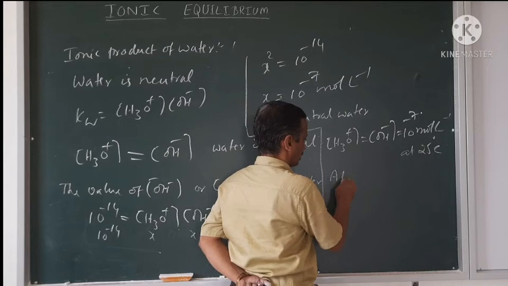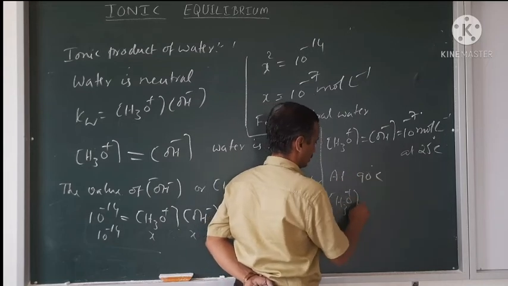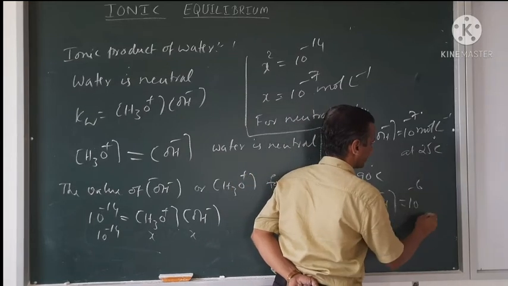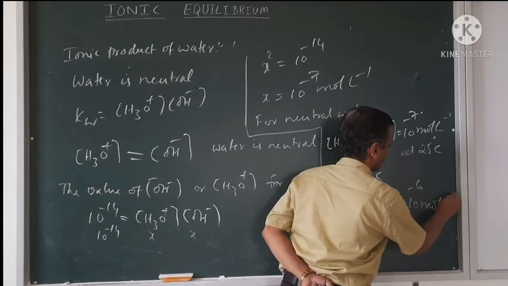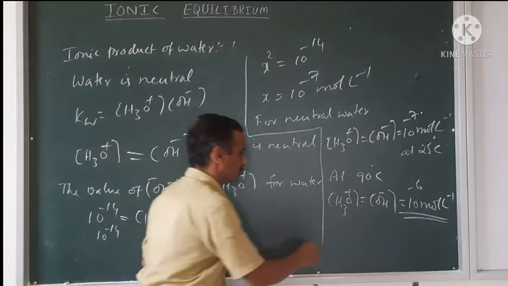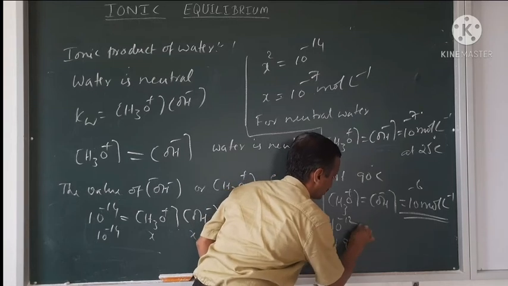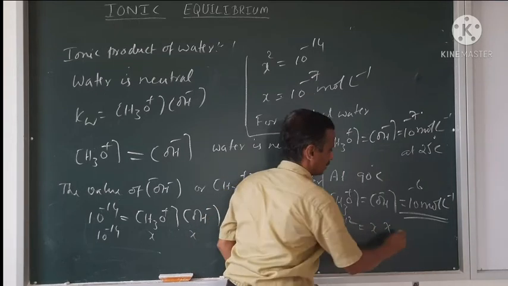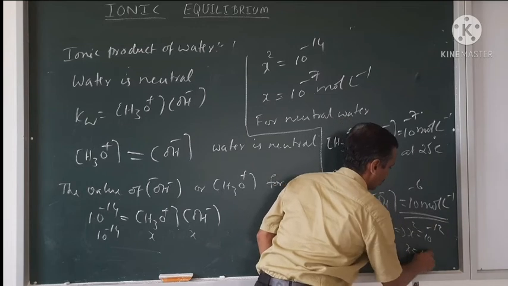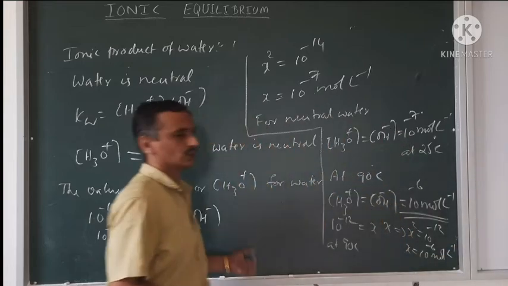Whereas at 90 degrees Celsius, H3O plus concentration is equal to OH minus concentration is equal to 10 to the power minus 6 mole per liter. Note it again, because the ionic product will be 10 to the power minus 12 at 90 degrees Celsius, which is equal to x into x. That implies x square is equal to 10 to the power minus 12, x is equal to 10 to the power minus 6 mole per liter. So note it properly.